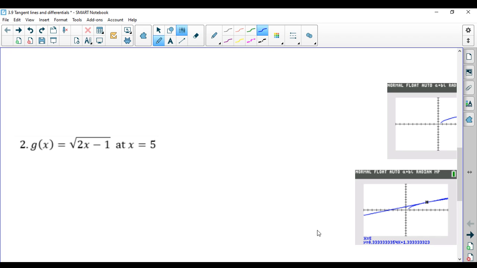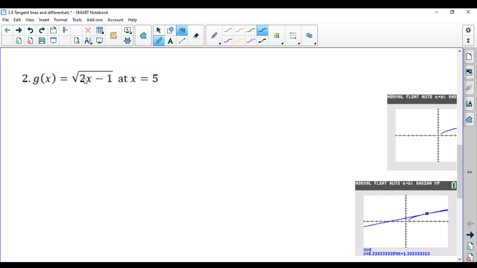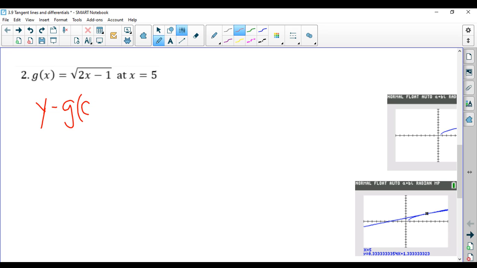And the next two examples of determining equations of tangent lines. Example number 2, we have this square root function. So we're going to write the general formula for the equation of the tangent line. This would be y minus, usually it's f of x, but since it's g, I'm going to go g of c equals g prime of c times x minus c.